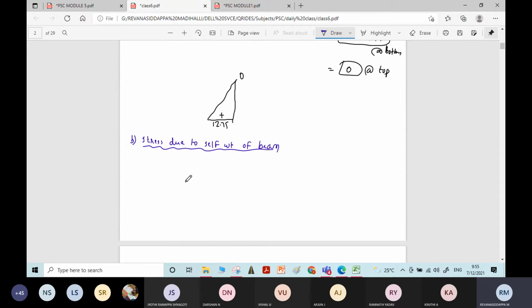You all know how to find the self-weight stresses. Find the self-weight of the beam first, then find the section modulus. Moment due to self-weight, divided by section modulus, M by Z, will give the stress due to the self-weight. Correct?